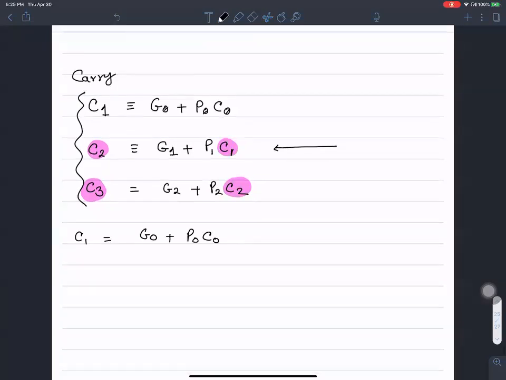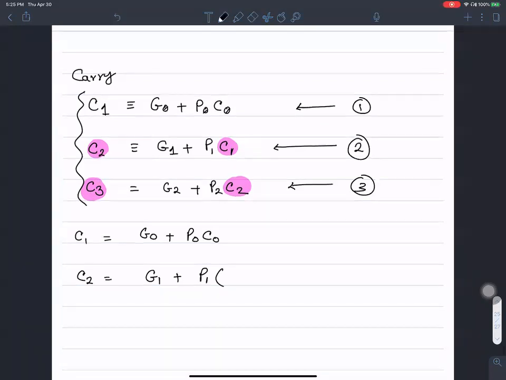Now I'm going to make a modification to the next equation, equation number 2. C2 is G1 plus P1 times, in place of this C1 over here in equation 2, I'm going to replace it with G0 plus P0 times C0.